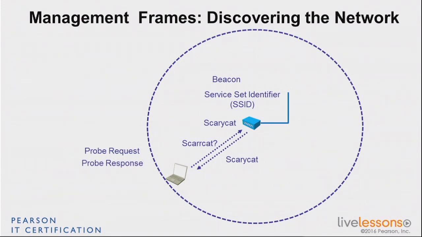The probe response and the beacons are very close in structure because they say the same thing. This is what the network is, this is what it does, etc. The only difference really is that the beacon is unsolicited, it's sent every 100 milliseconds, whereas the probe response is a response to a question. But in both cases, you say almost the same things.